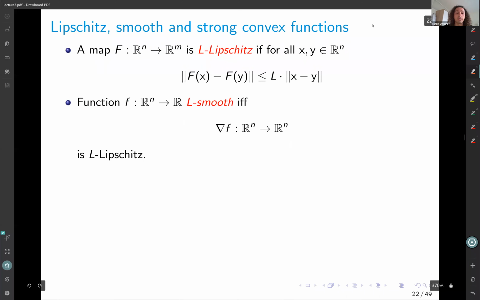In particular, we call a function f L smooth if and only if the gradient of f is L Lipschitz.